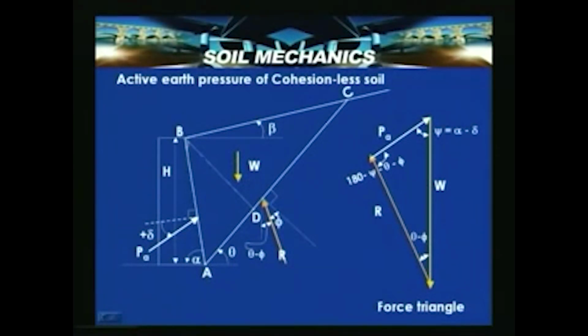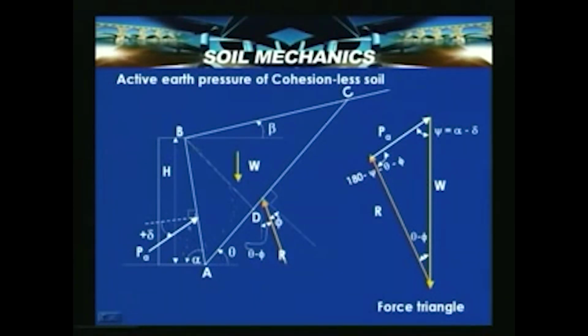As we discussed, ABC is the triangular wedge, which is opposed by a soil resistance R, acting at an angle phi with the normal to the failure surface AC, so with the vertical it is theta minus phi. The failure surface AC, which gives the maximum active thrust on the wall, is assumed to be inclined at angle theta with the horizontal.